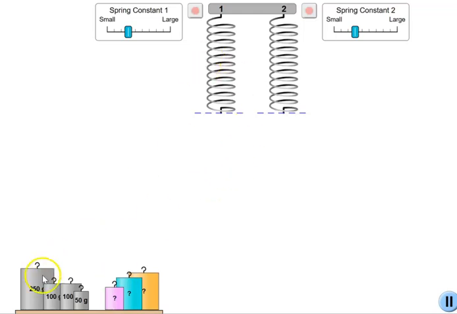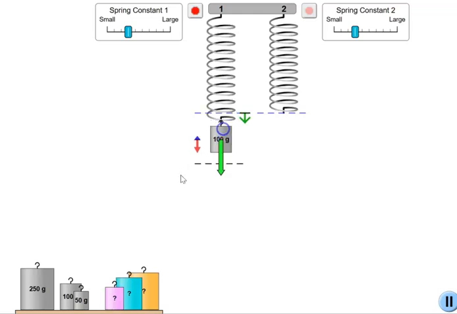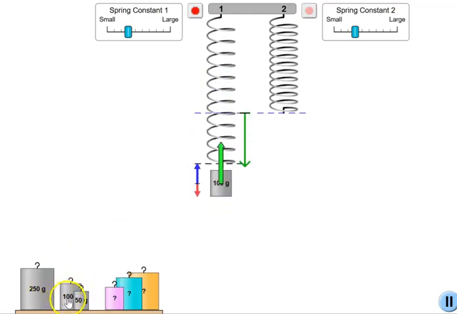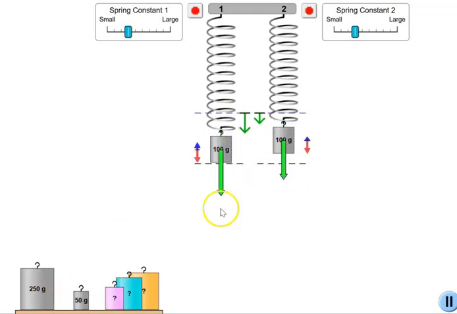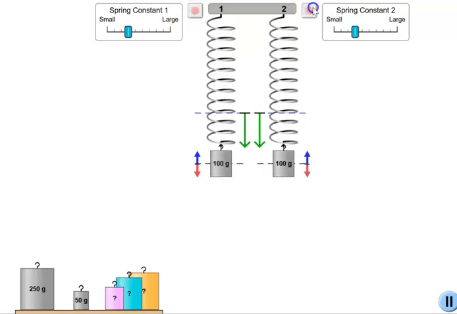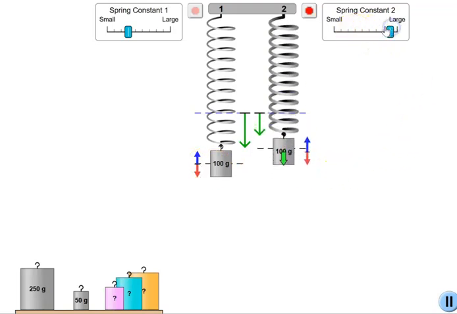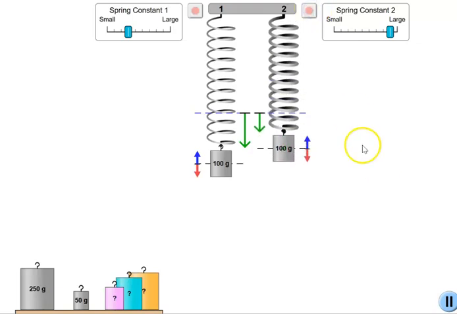I've got two strings. If I put the same weight on both of them, you can see it's oscillating. Let's stop it oscillating and let it sit at a natural equilibrium. Now, a string that has quite a large constant is thicker, you can see the graphic looks a bit thicker.